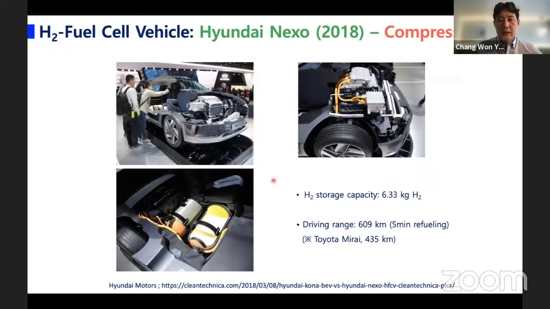The Nexo vehicle uses a hydrogen storage tank that can contain 6.3 kilograms of hydrogen. Refilling takes only 5 minutes, and you can drive over 600 kilometers. That's the picture of the hydrogen storage tank.